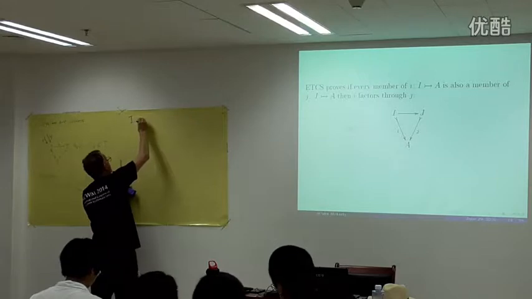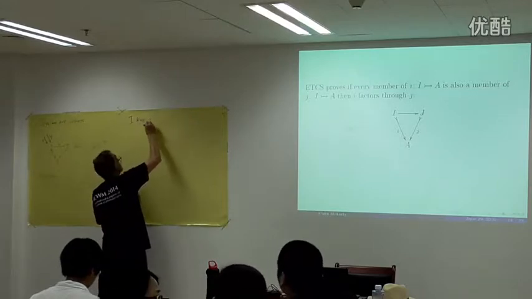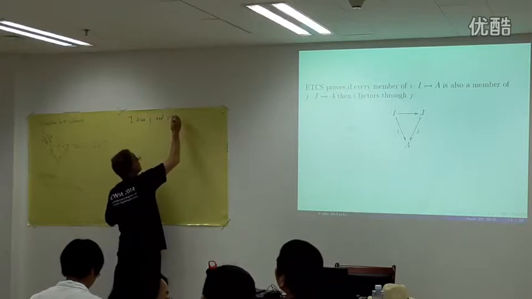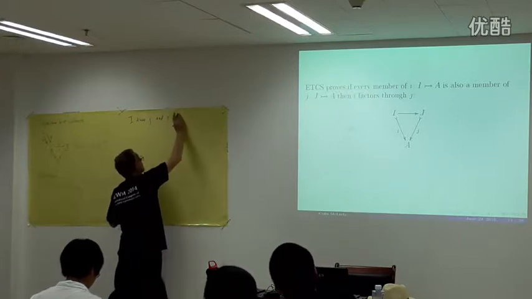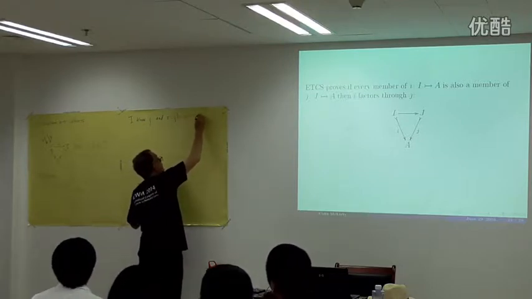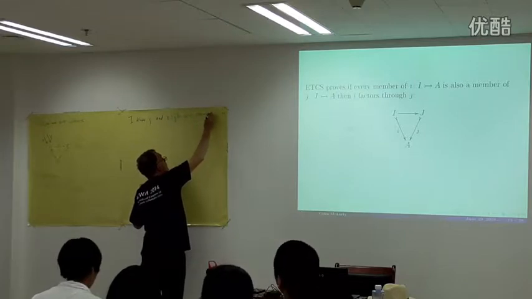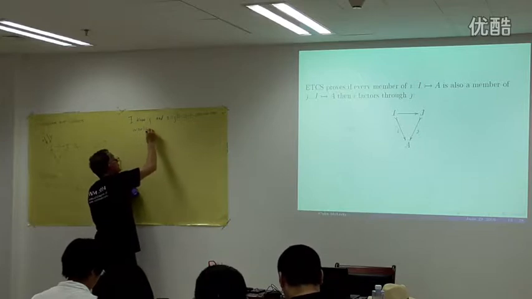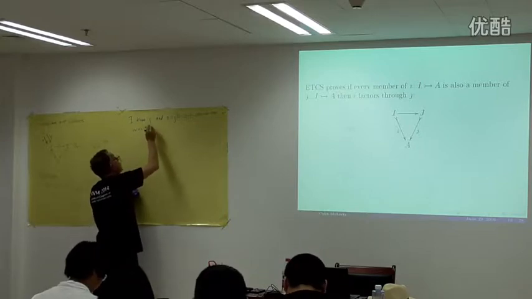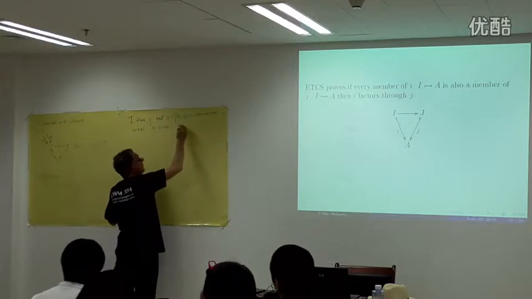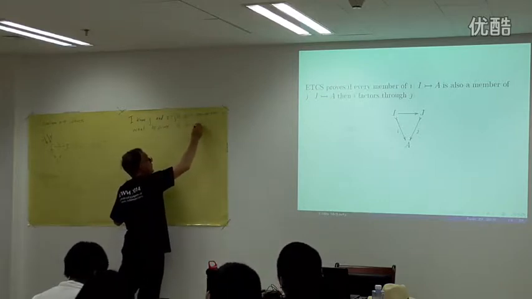So I know that J and I, which equals JH, are 1 to 1. I want to prove H is 1 to 1.